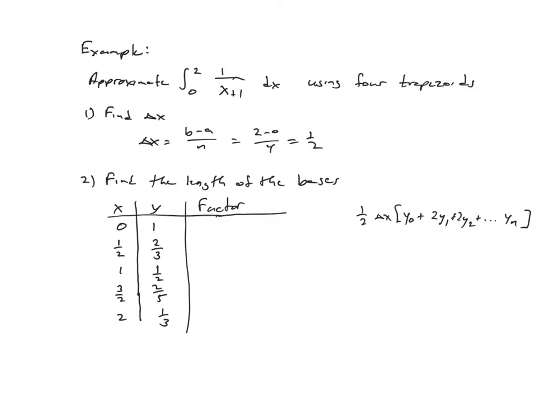The thing I want you to recognize is that the first and last values have a factor of 1, and everything else has a factor of 2. So when I write this out, my factors are going to be 1 for the first one, and then 2 for all the others until I get to the last one.